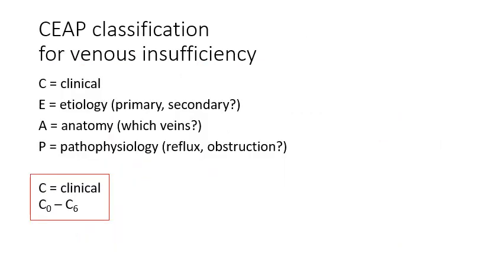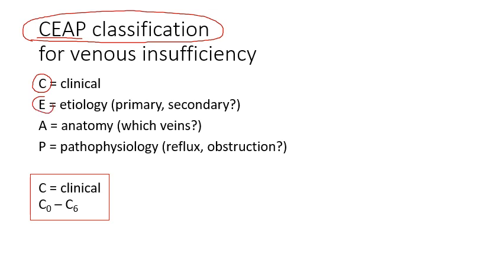We're going to look at the medical or clinical classification of venous insufficiency. Remember, venous insufficiency encompasses both the reflux and the obstruction, and it's called CEAP. CEAP are simply letters denoting the clinical picture, so what you see when you examine the patient.